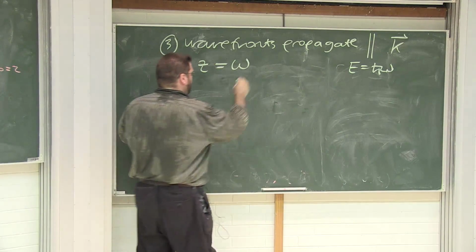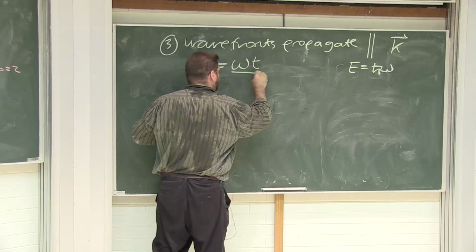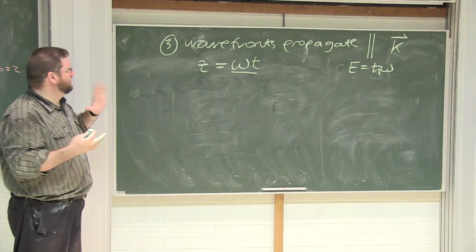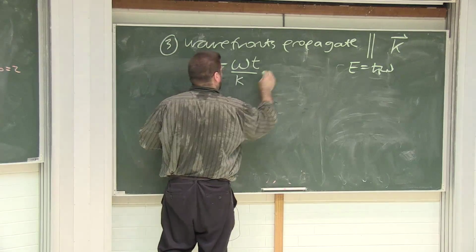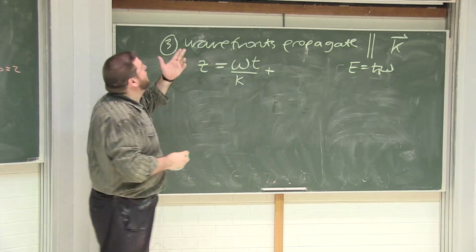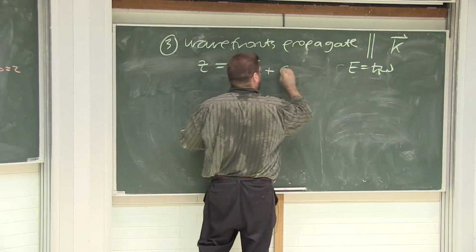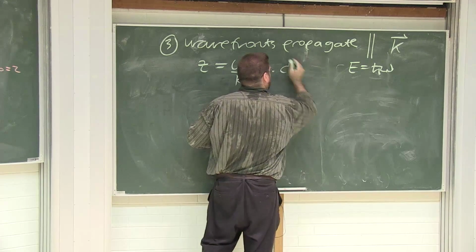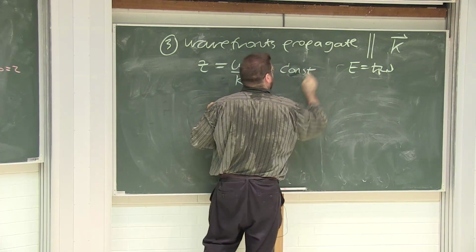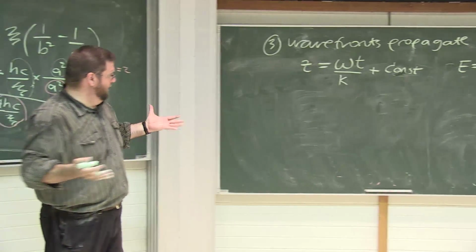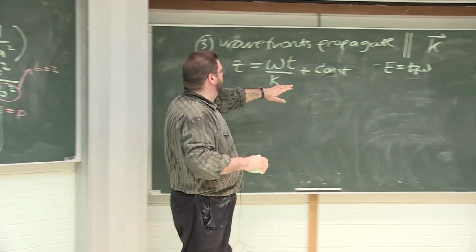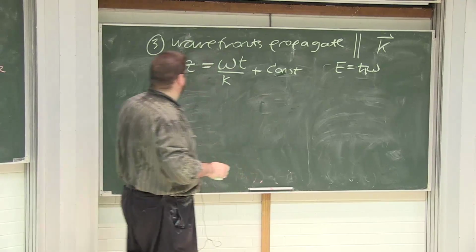We've got t naught that I'll now write as t, because t is now going to be considered a variable because we want this wavefront to grow older. This constant is just the particular phase of the wavefront. The wavefront is the surface of constant phase. If we keep this fixed, as was stated correctly, then this constant is the same.